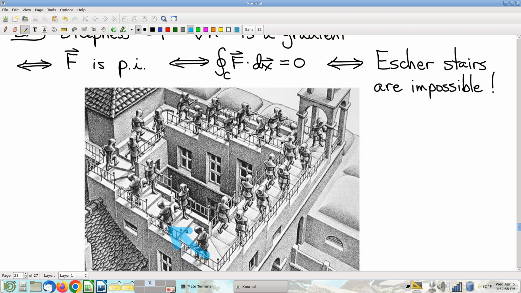This person's altitude will increase a little bit as he climbs those stairs. So f dot dx will be positive, right? And then likewise, positive, positive, positive, positive. These people following each other as you're going along here, they're all walking uphill, and so f dot dx is positive each step along the way.